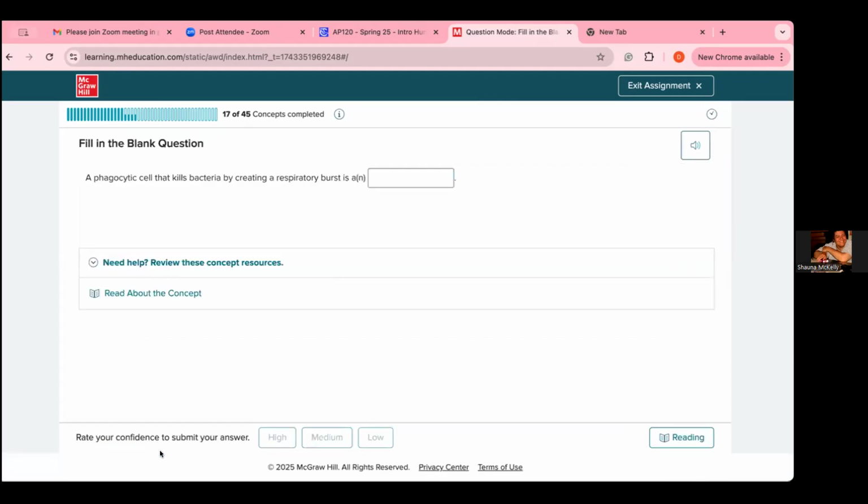A phagocytic cell that kills bacteria by creating a respiratory burst is a blank.